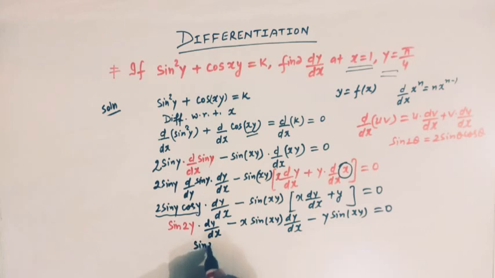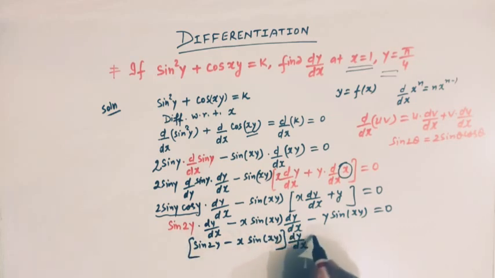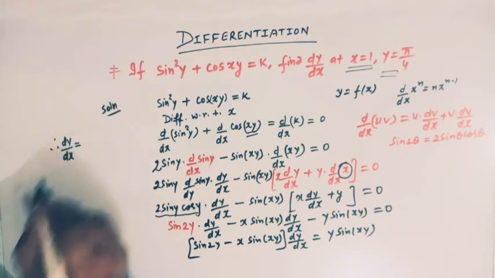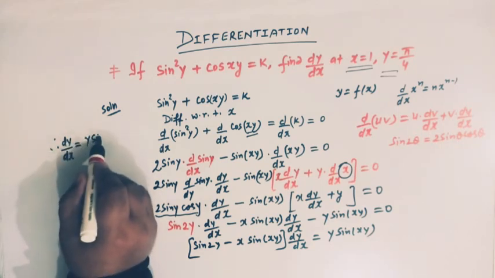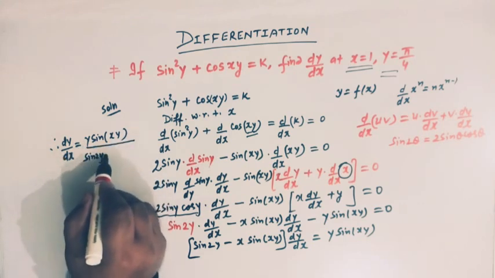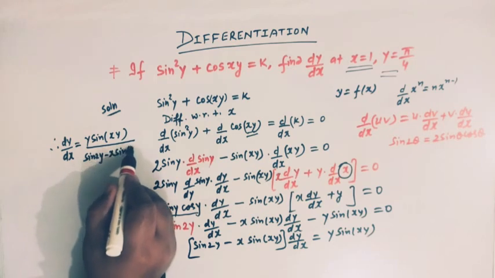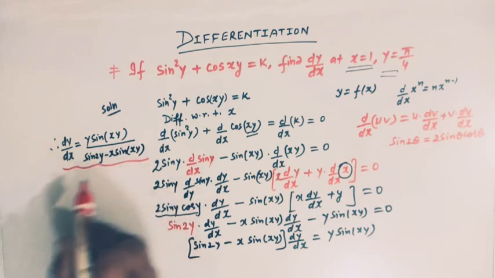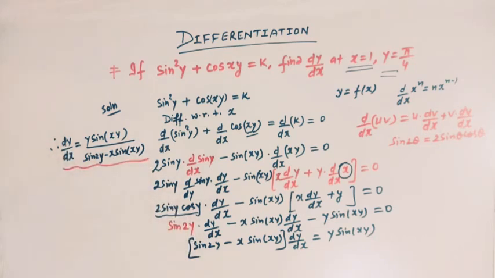So we have sin 2y minus x sin xy, and here we have dy over dx, and taking this term to the right hand side we have y sin xy, right? So now we can write dy over dx as y sin xy divided by sin 2y minus x sin xy, right? So this is the final expression for the derivative of y with respect to x.